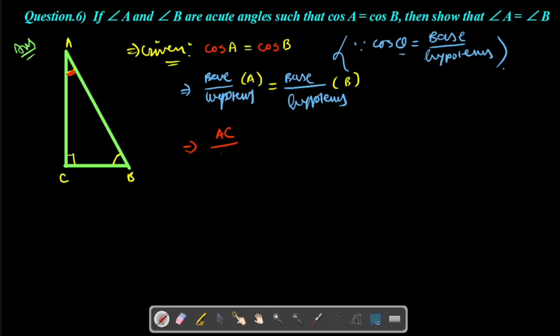Now the base for angle B is BC, upon hypotenuse, which is AB, the same. Now this AB will be cancelled out easily. What are we left with? We are left with AC is equal to BC.